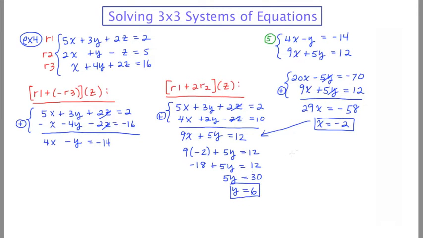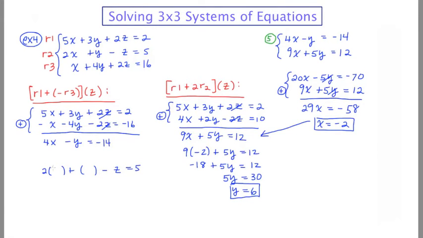So now I'm going to take both of these answers and plug them into one of the originals. So pick the original which is going to have the lowest coefficients and the smallest numbers to work with, or it doesn't really matter, anything you like. I'm just going to use the middle row, row 2. So 2 times x plus y minus z is equal to 5.